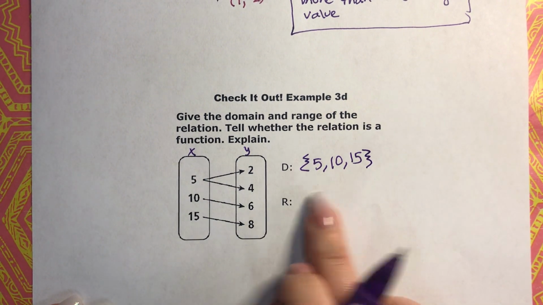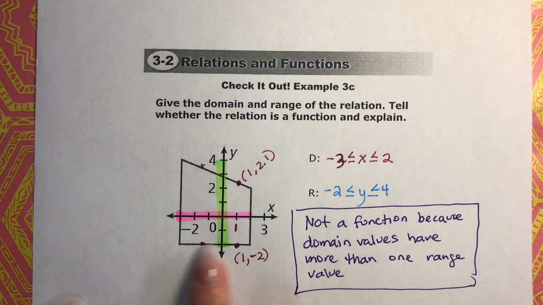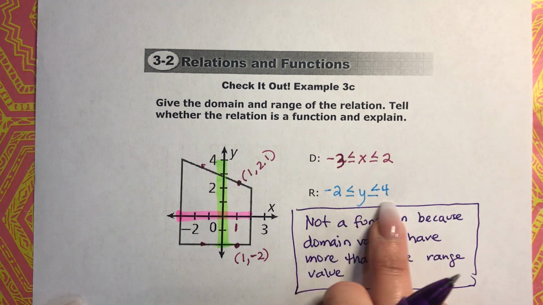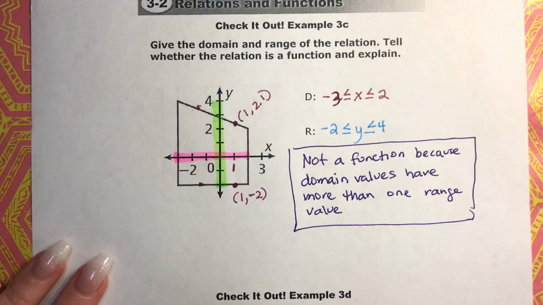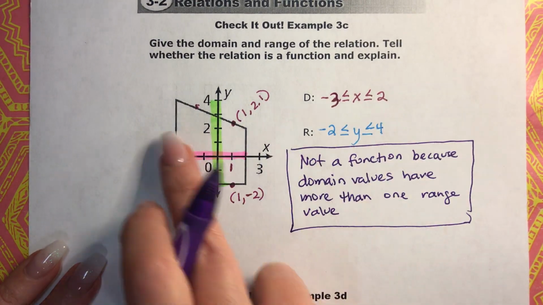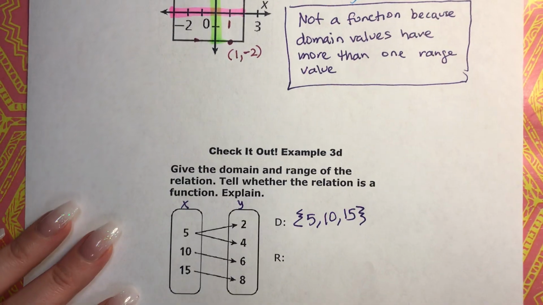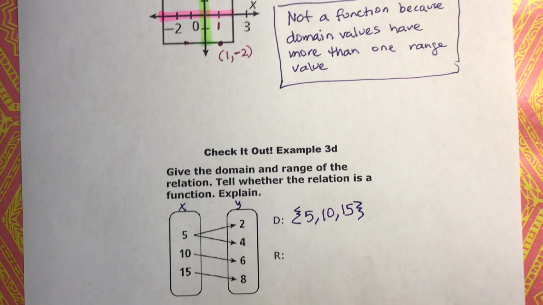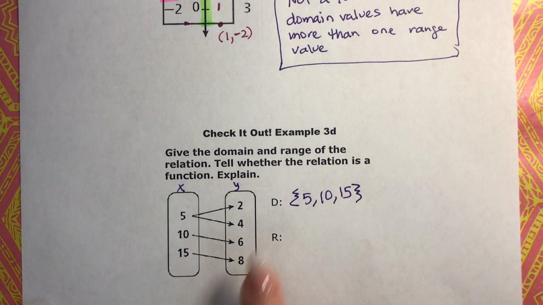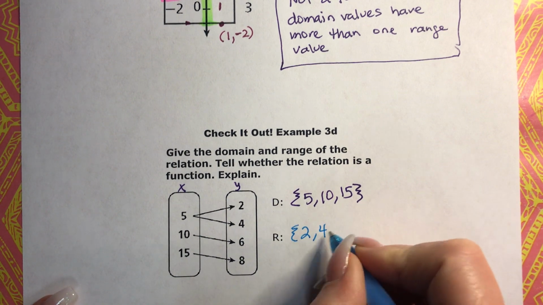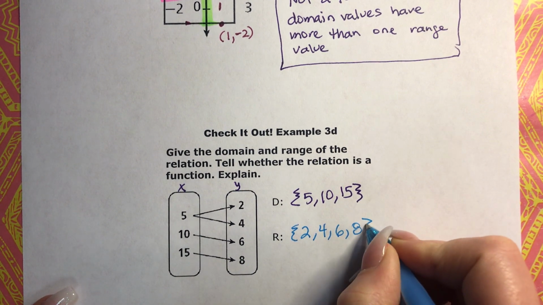We have to make sure that we do the discrete format, whereas with a continuous relation you have to use the "and" notation when doing the compound inequalities. All right, so we have the domain values. Now let's write the range values, which are all right here: 2, 4, 6, 8.